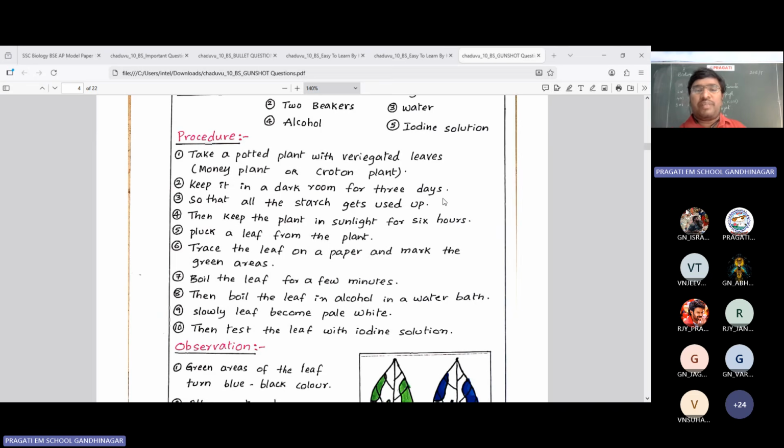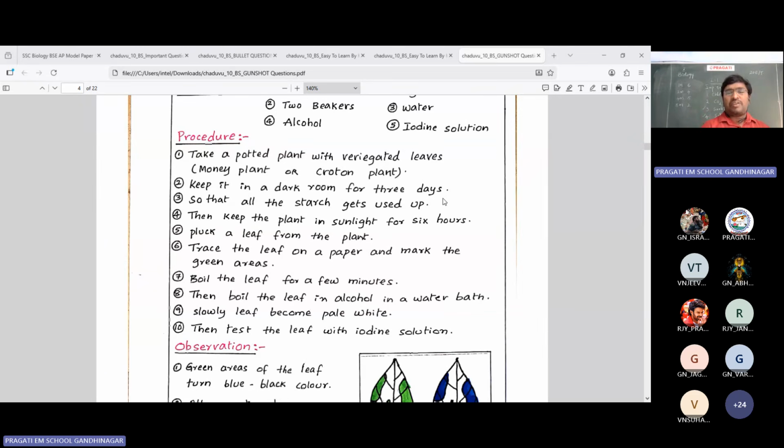Why should we keep it in a dark room? For destarching. Whenever you keep it in a dark room, the starch gets used up, as we know. After the destarching process, the destarched potted plant is used for this experiment.